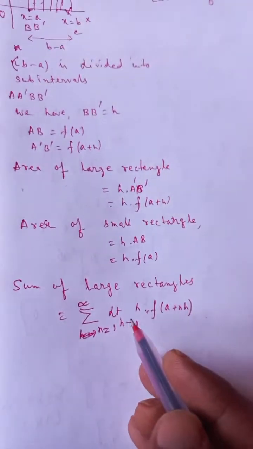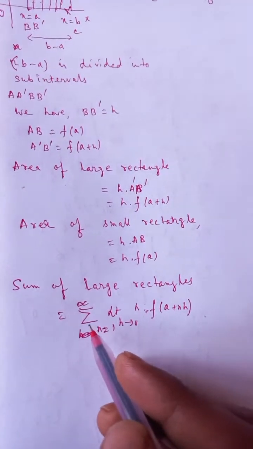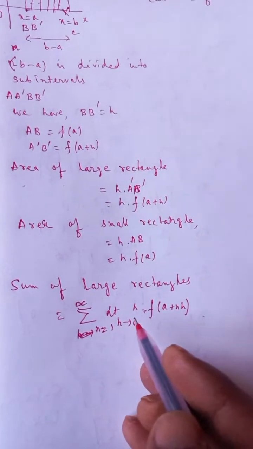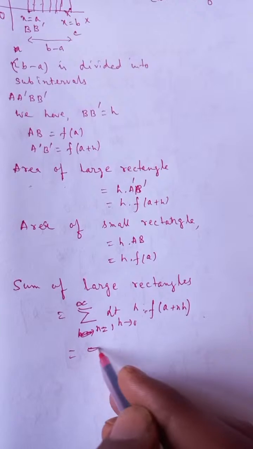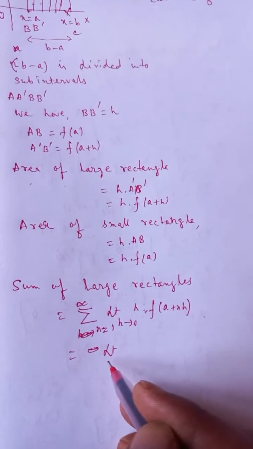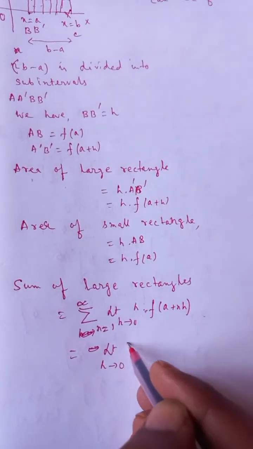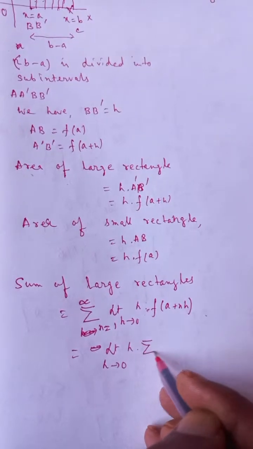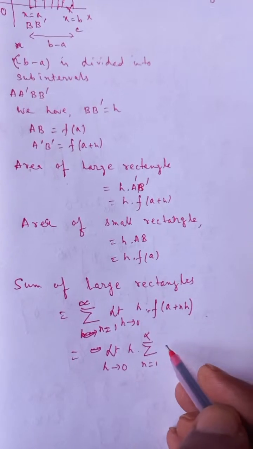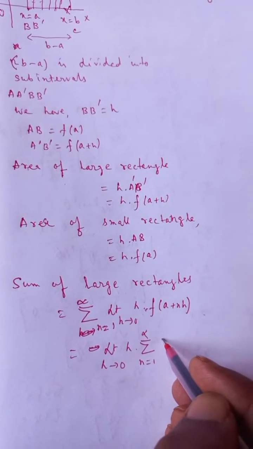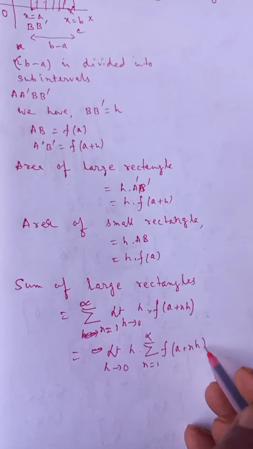So h is independent of the sigma, so you can write further the limit h tends to 0 of the summation n from 1 to infinity of h f(a plus n h).